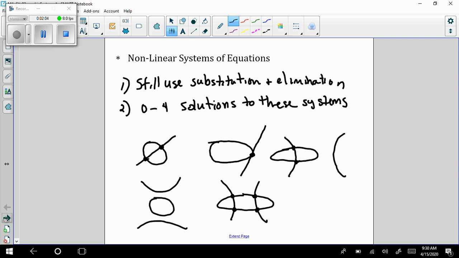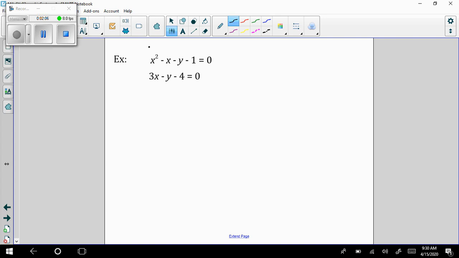All right, so the first problem is, doesn't really matter what kind of conic section it is, but what I see on this one is obviously linear. So I'm going to use substitution. Usually when one of your equations is linear, it's easier to use substitution than elimination.